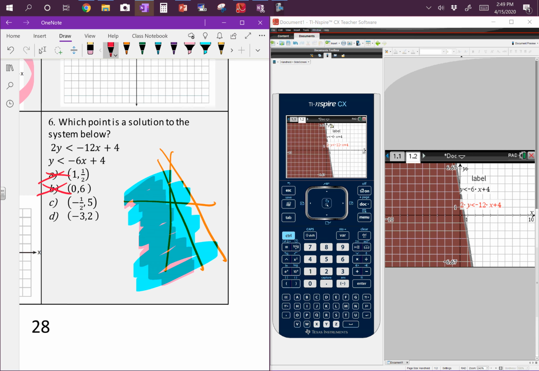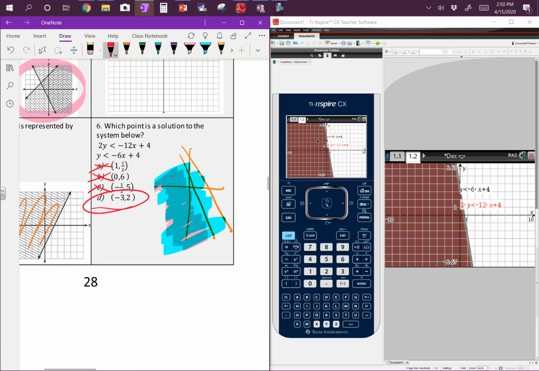So that would be a no. -1/2 and then up 5. 1, 2, 3, 4, 5. That's actually on one of the dotted lines, not allowed. So we've got -3, 1, 2, 3, and then up 2, and that is right there. And that's going to be our answer because that's in both of them. So that's how we're going to do number 6.